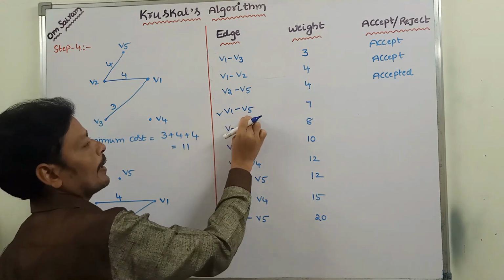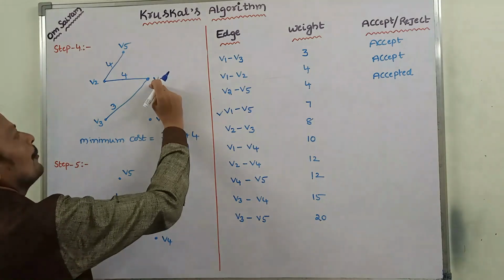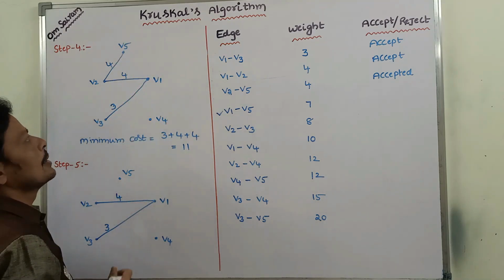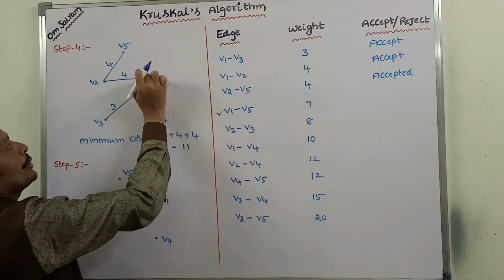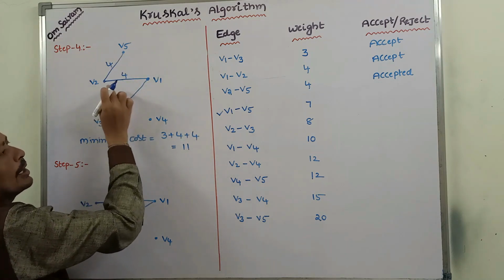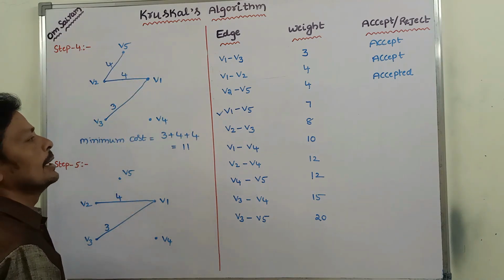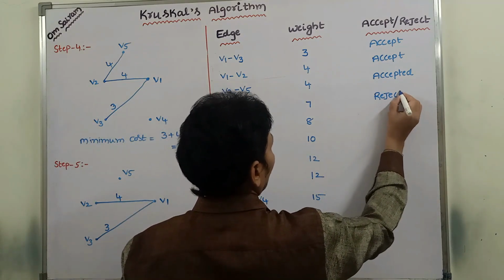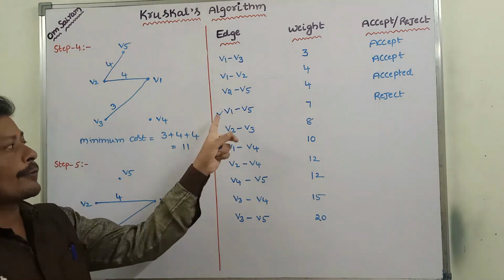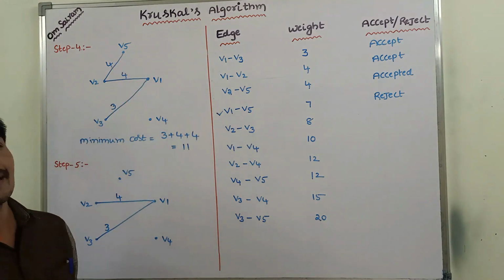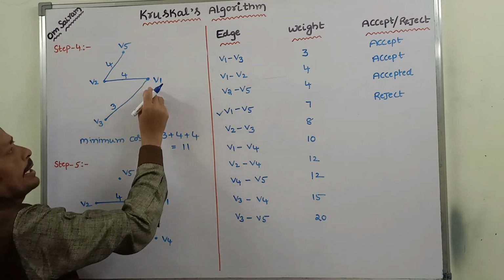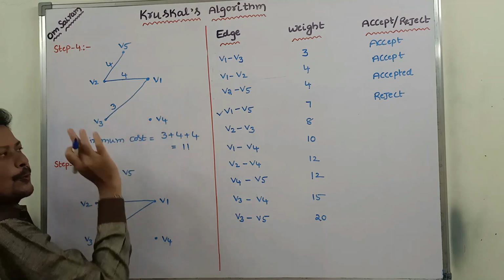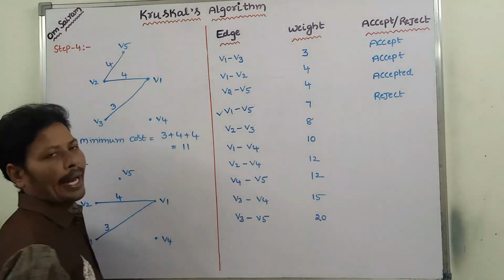After adding this edge V1 to V5, a cycle is formed: V1 to V5, V5 to V2, V2 to V1. So we have to reject that edge. Why do we reject this edge? Because it forms a cycle V1 to V5, V5 to V2, V2 to V1.